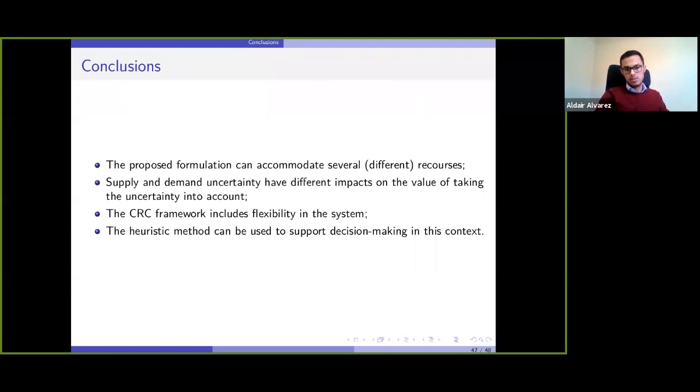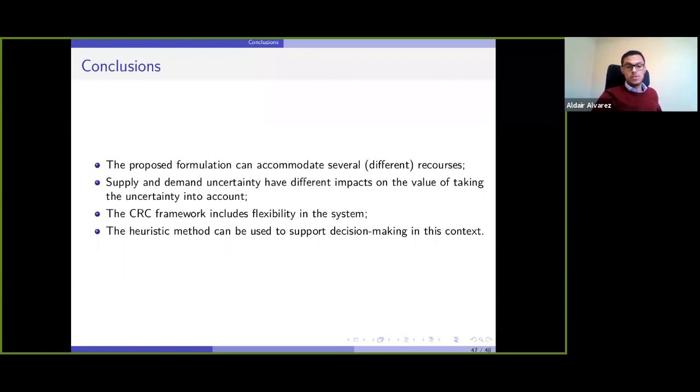We also observed, as it was shown with the results, how supply and demand have different values for taking uncertainty into account. They are both important, but we saw how supply in this one-to-many structure has a more important effect. We also observe how the capacity reservation contract brings certain flexibility to the system.